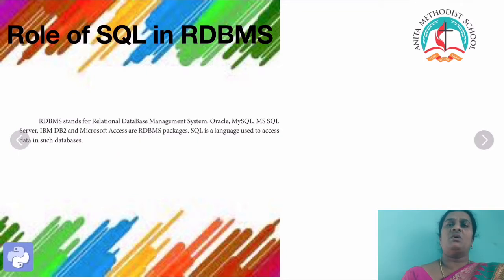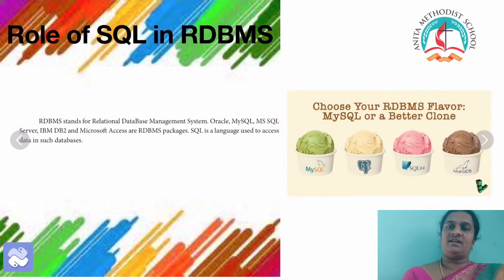These are all main packages that we use in RDBMS. See here, MySQL and SQLite, and this is IBM DB2 server and then MariaDB. These are the databases that we use for accessing the SQL packages.